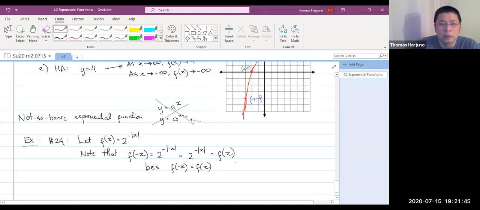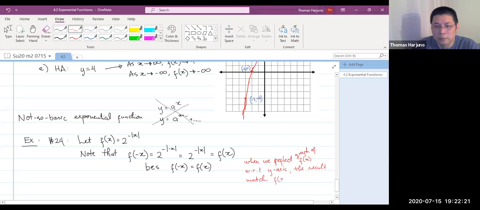When we reflect the graph of f(x) with respect to the y-axis, the result matches f(x) itself.